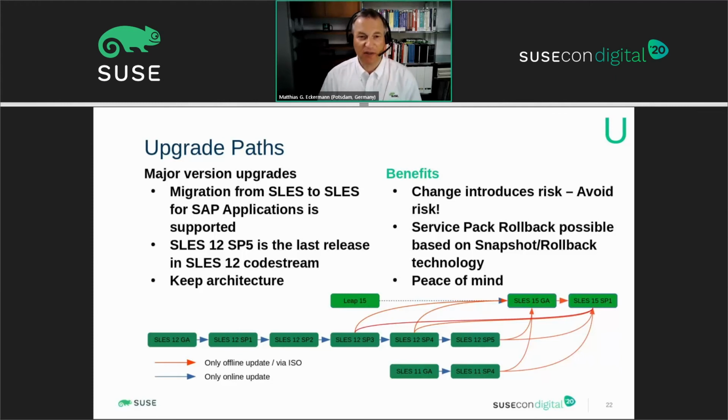To provide this peace of mind, if you're using SUSE Linux Enterprise 12 and 15, there is one technology I personally like very much, and that is the idea to not have only snapshot rollback for the full system, but that this snapshot rollback technology can also be used for service pack rollback.